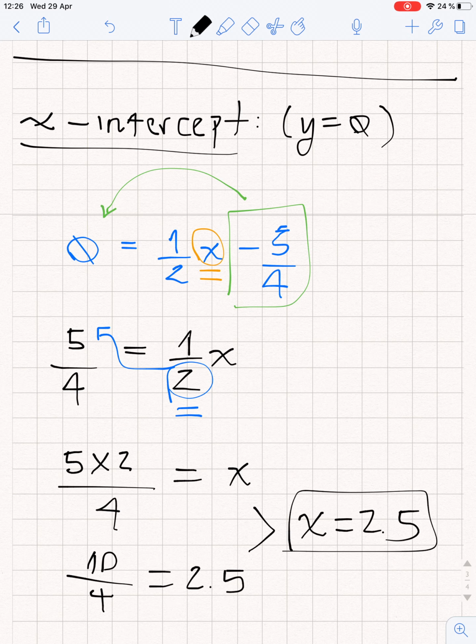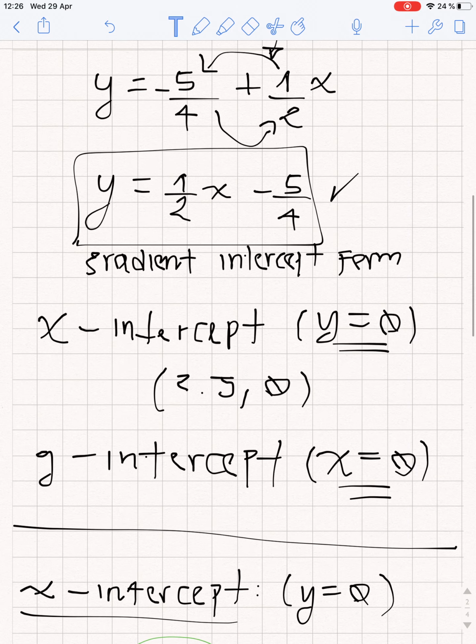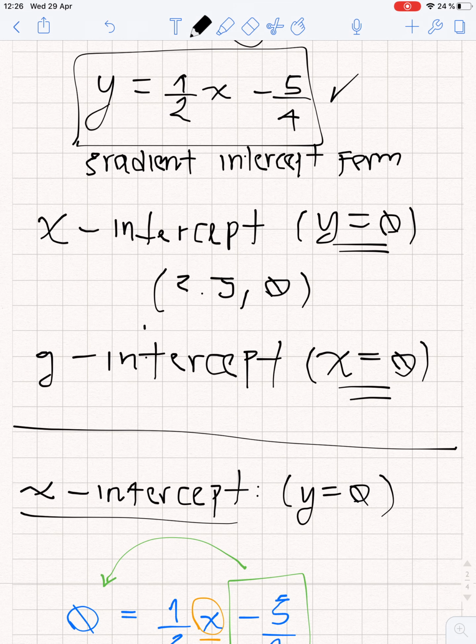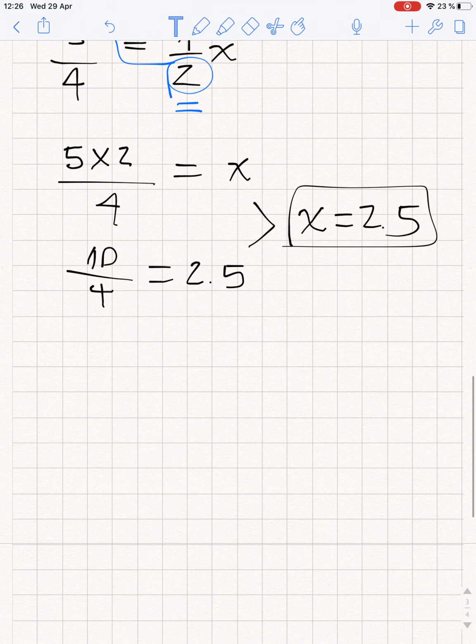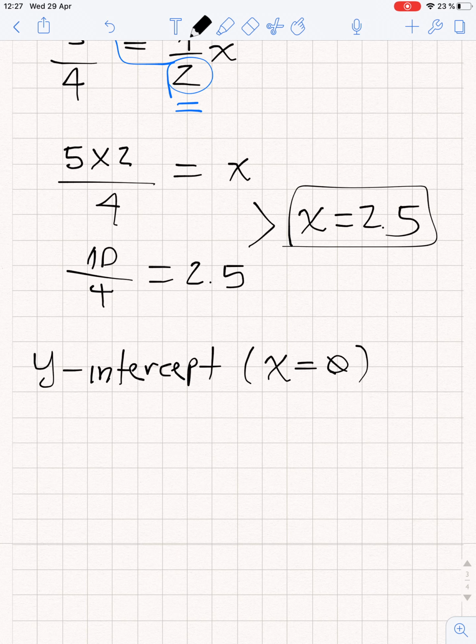If we check this, we can confirm or verify the answer by checking the point we got from Desmos, 2.5. Now we're going to do the same for the y-intercept. The condition for the y-intercept is that the variable x is equal to 0.